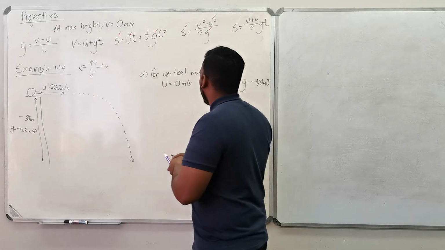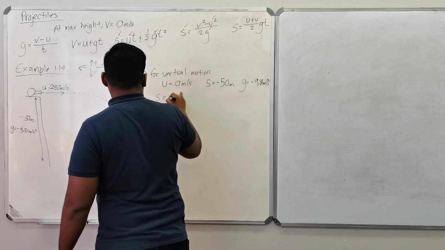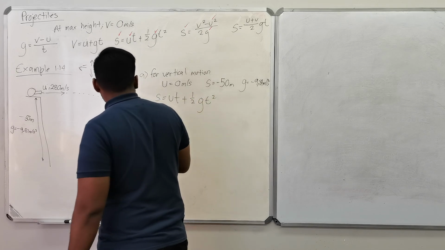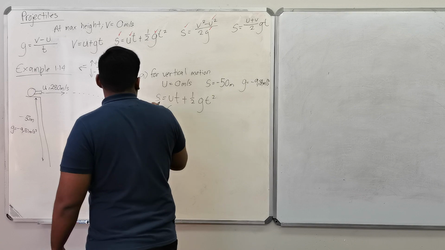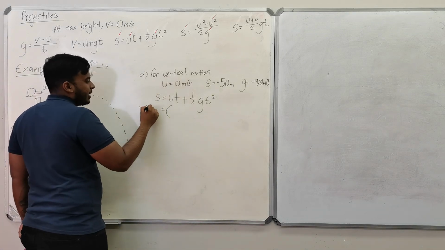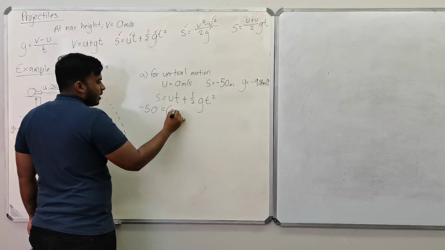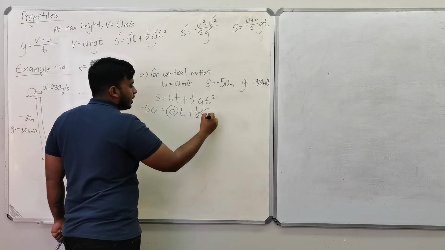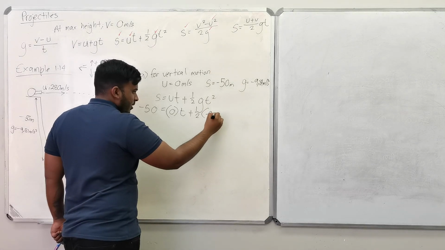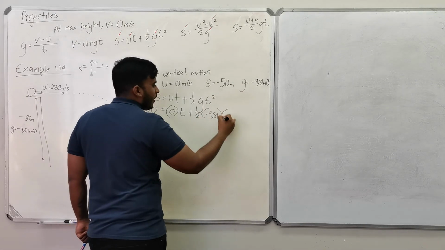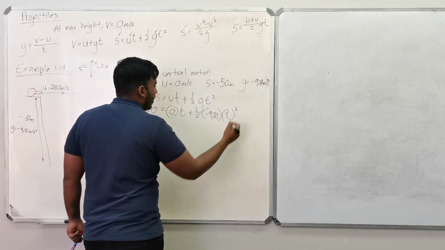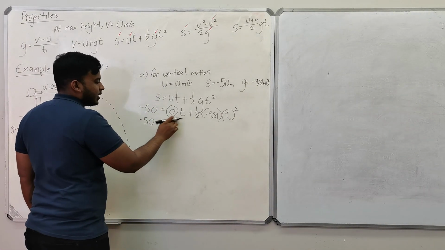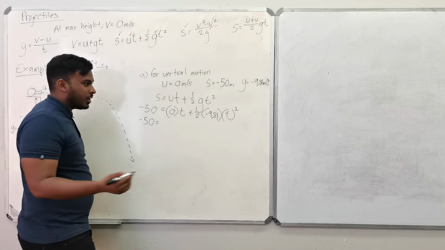So S is equal to ut plus half gt squared. Your displacement is minus 50, your initial velocity is 0, we're working on time, plus half your gravitational constant, minus 9.81, times t squared. The ut part falls away because it's 0.